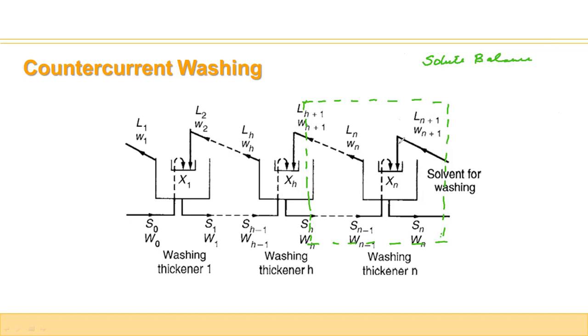The value that is entering, in terms of the solute, is L sub n plus 1, that's entering. Then we have the S sub H. That should be equated to the value that is leaving, the S sub n.